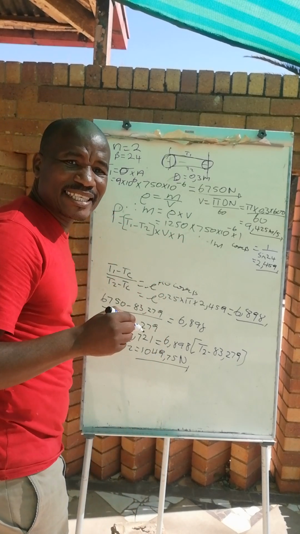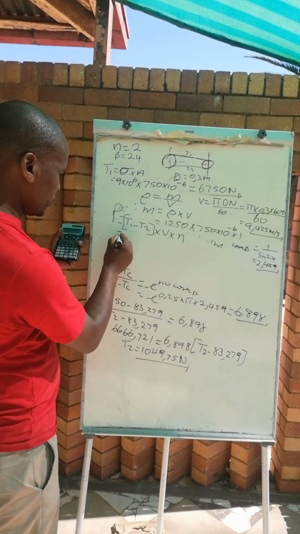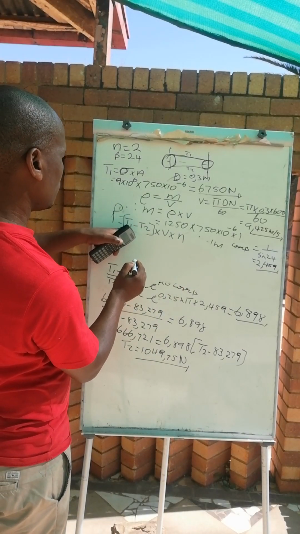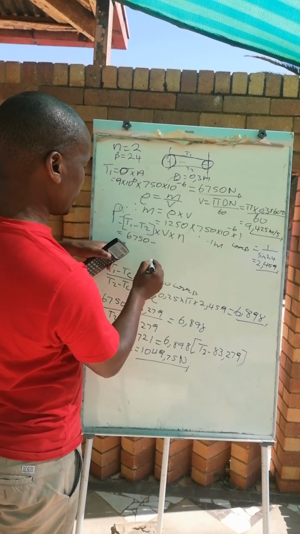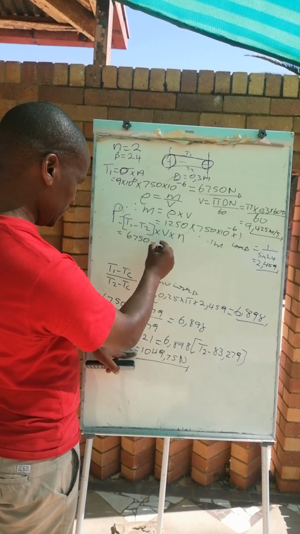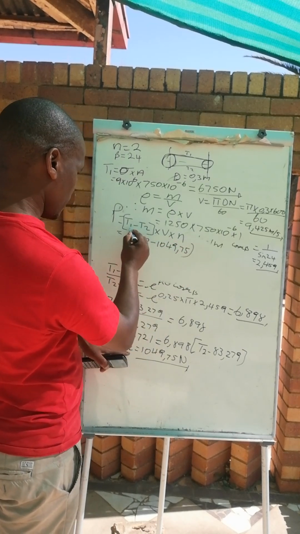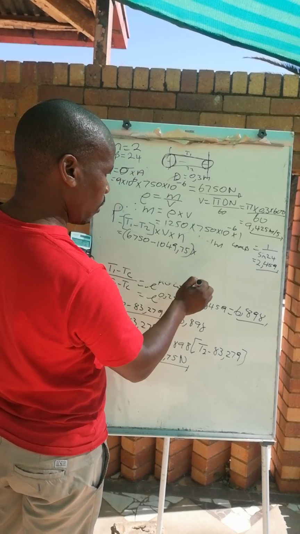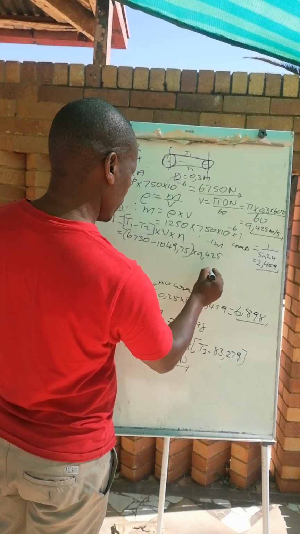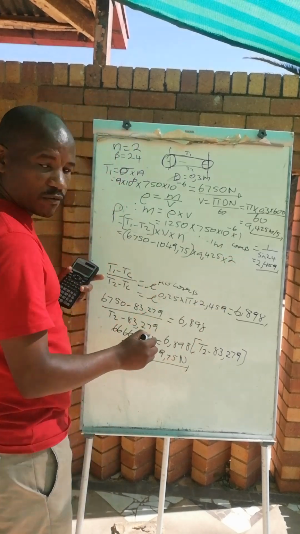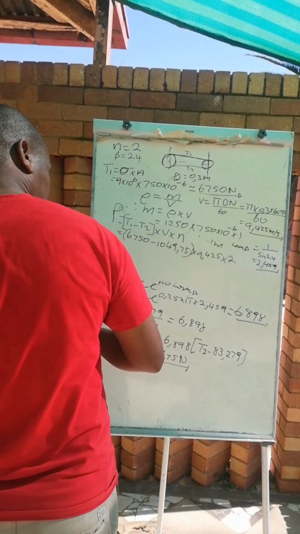The two identical double grooves is 2 there. T1 was calculated and found to be 6750 minus T2, found to be 1049,75, and then we multiply by the velocity of 9,425 multiplied by the number of belts.